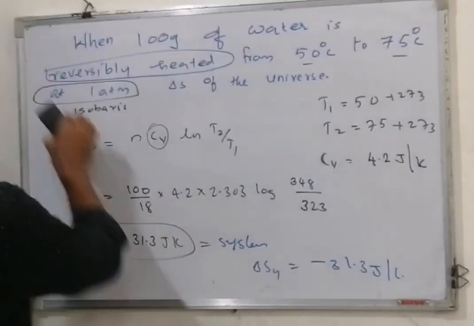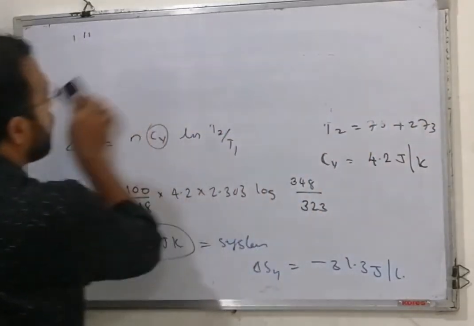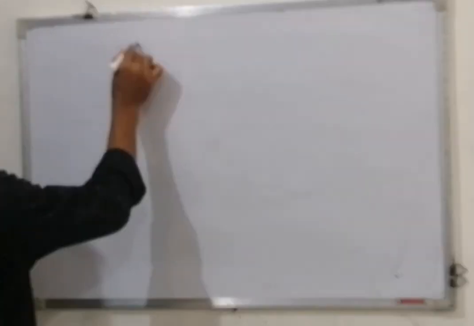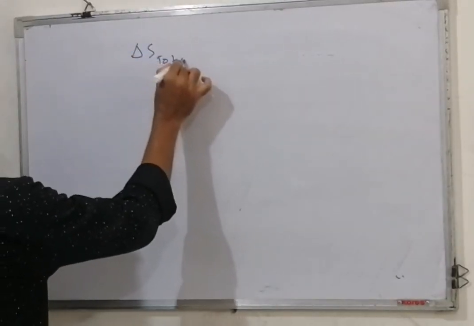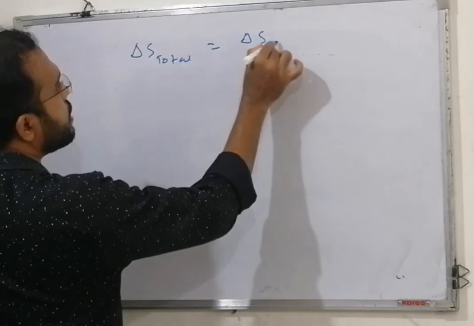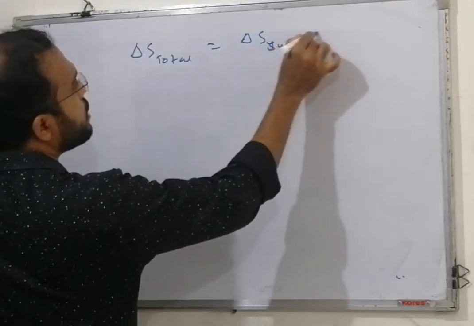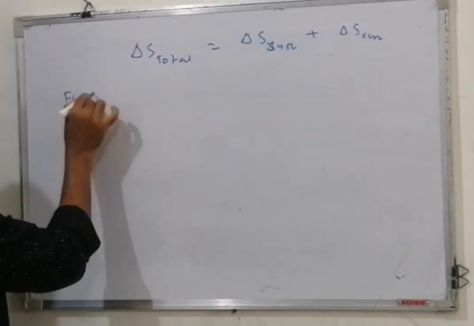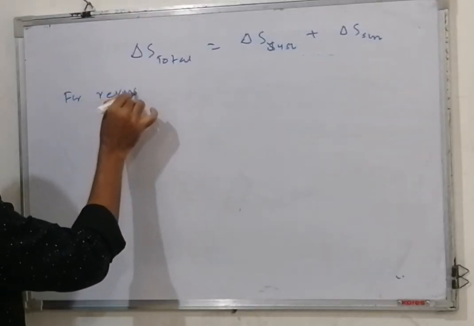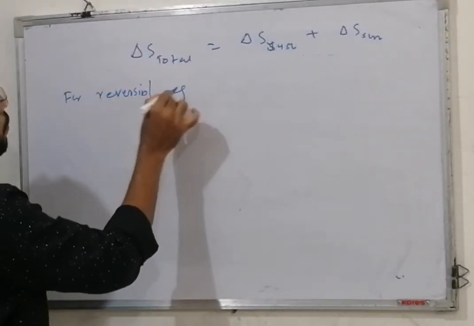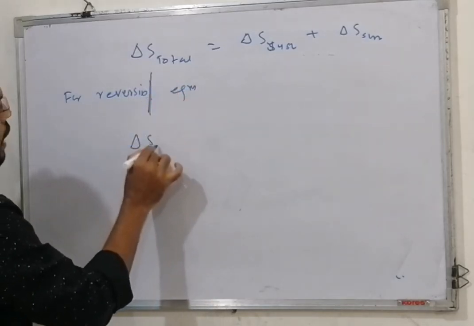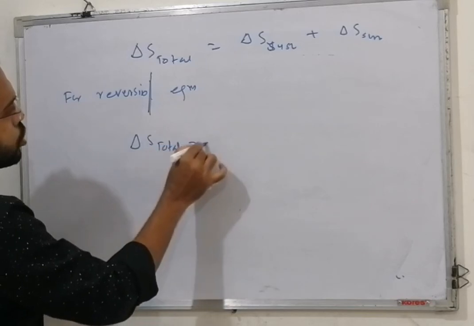Normally, we will use the term delta S total. Delta S total means delta S system plus delta S surrounding. For a reversible or equilibrium process, delta S total is equal to 0.